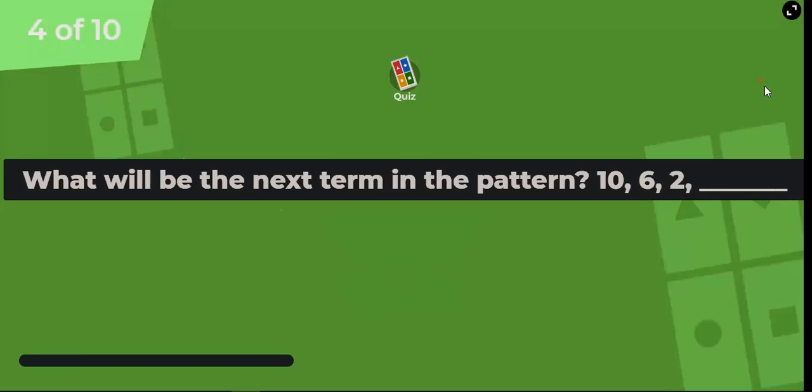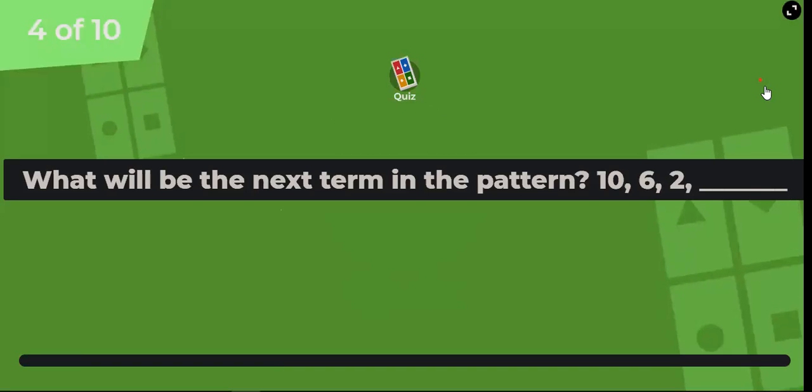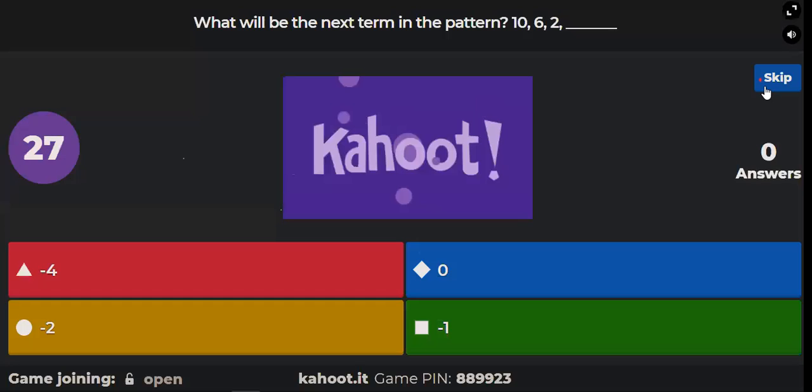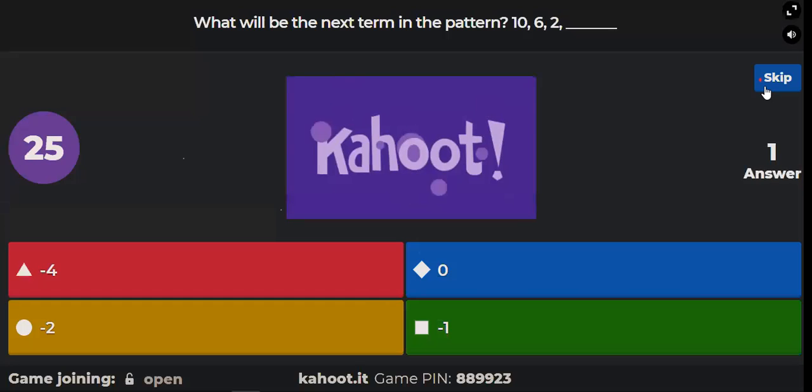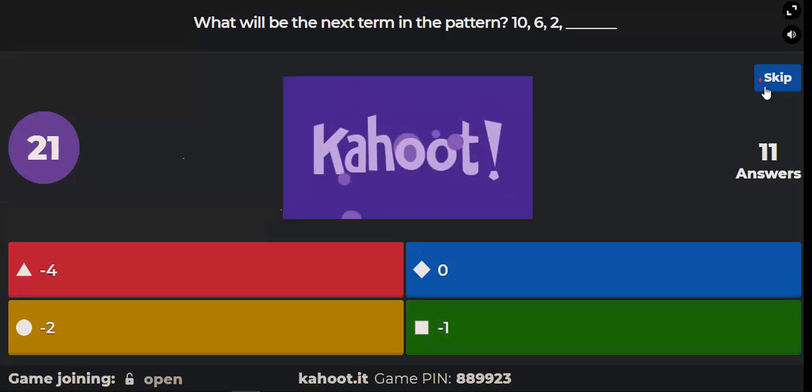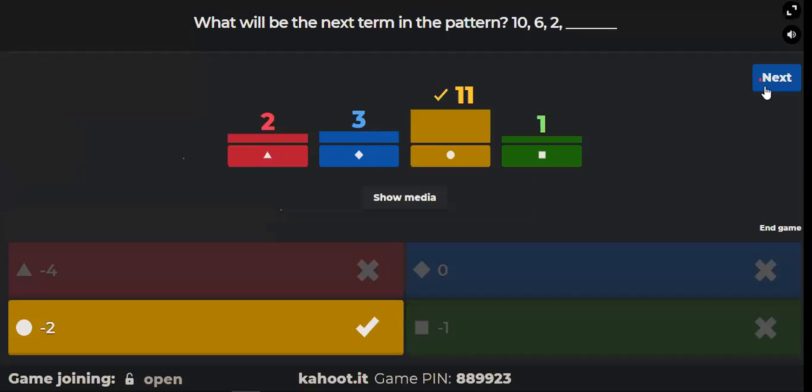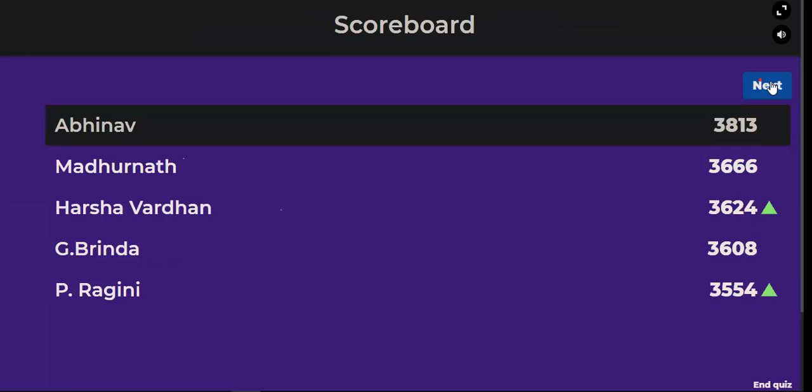Next, what will be the next term in the pattern? 10, 6, 4. Minus 2 now, right? You are just subtracting 2 each time. Abhinav is maintaining the streak. Very good. Harsha in the game.